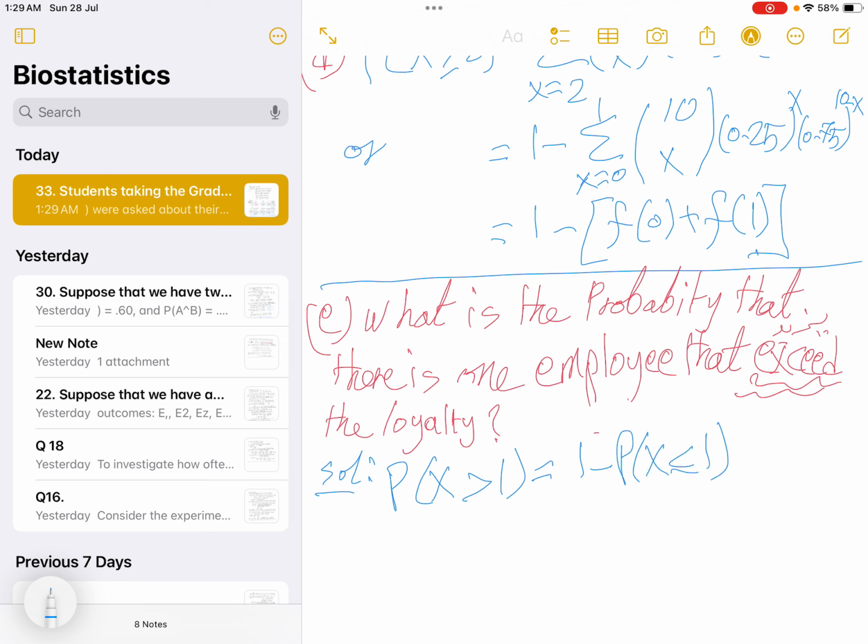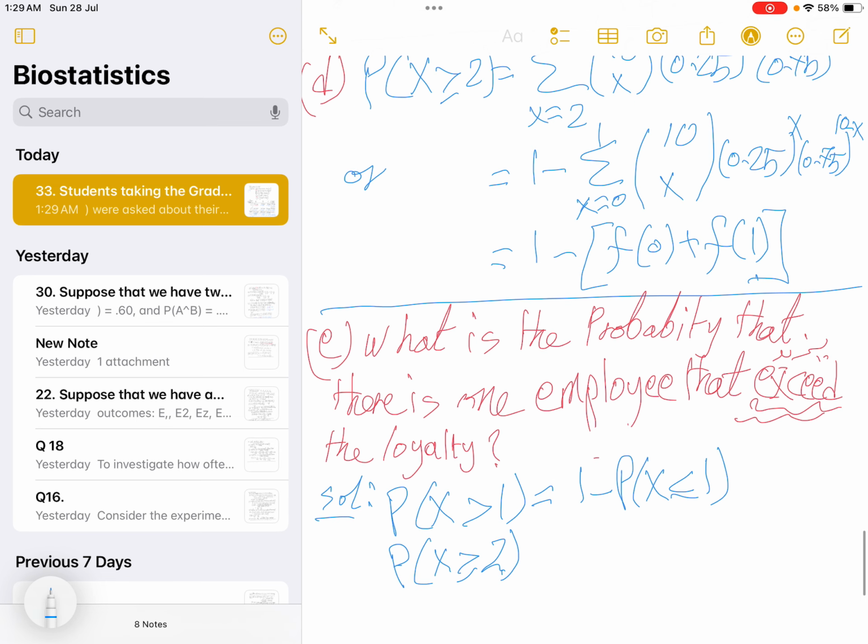Exceed 1 means probability X greater than or equal to 2, which is the same as part D, and it has the same solution. It will be the same as before, 1 minus f0 plus f1.